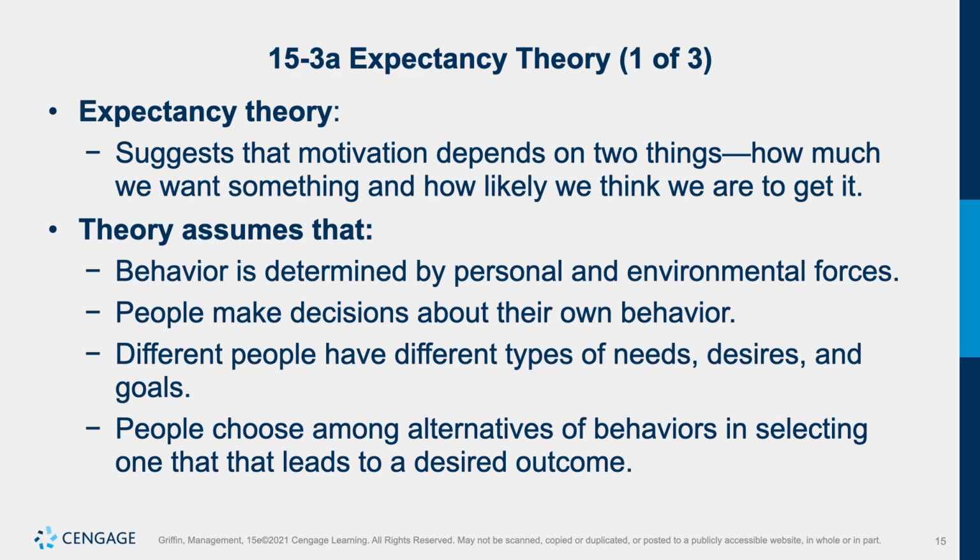Expectancy theory. This theory suggests that motivation depends on two things: how much we want something and how likely we think we are to get it, right? So the theory rests on four basic assumptions, and the first is it assumes that behavior is determined by a combination of forces in the individual and in the environment.